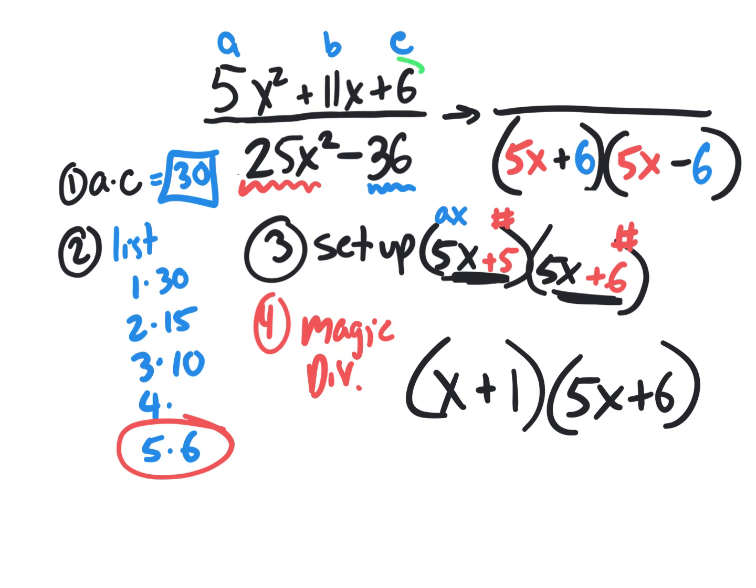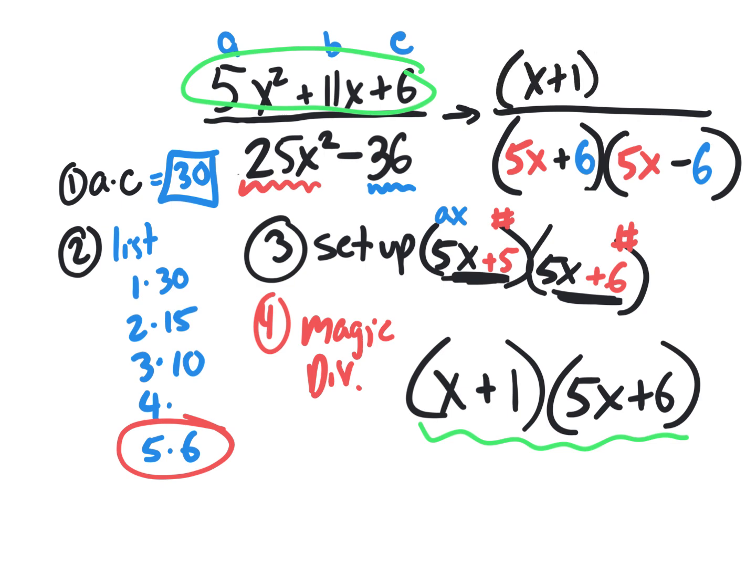So this top quadratic trinomial that had the a value of 5, I can now rewrite as those binomials being multiplied together. That's what I'm going to do. X plus 1 times 5x plus 6. And now you look at this problem, and we do have 5x plus 6 up here and a 5x plus 6 down there, which means I want to cancel them. Boom, boom.